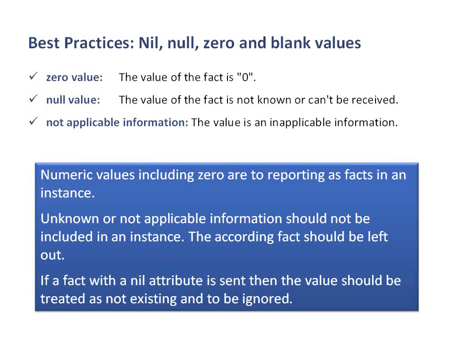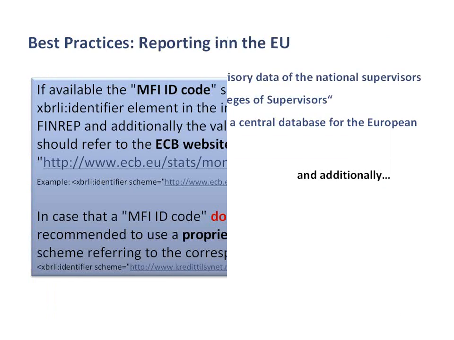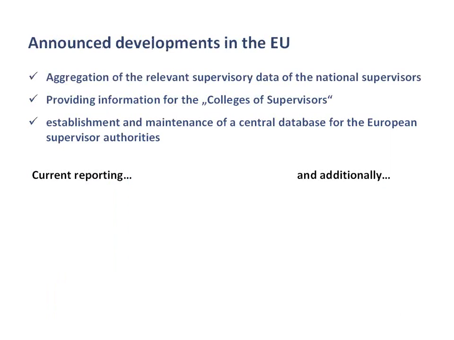The other part is the developments in Europe. The European Commission and the European Parliament have changed the legislation to make the supervision more uniform. To make the supervision more uniform, we have a clear business case from an IT point of view.